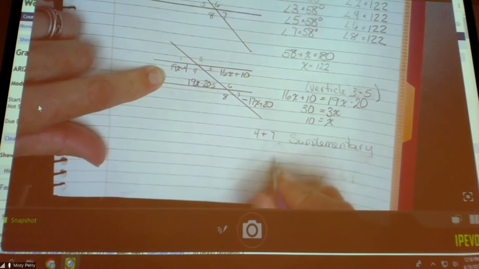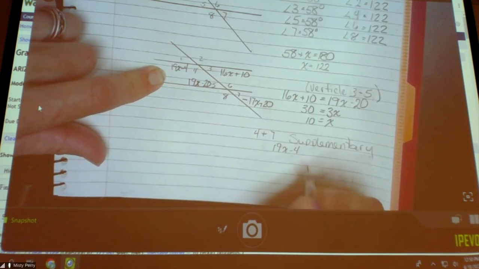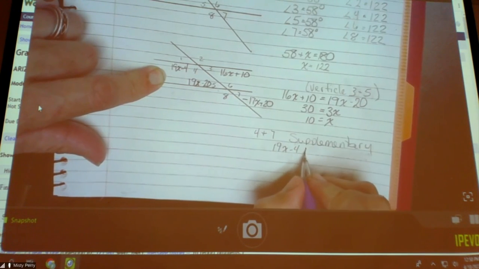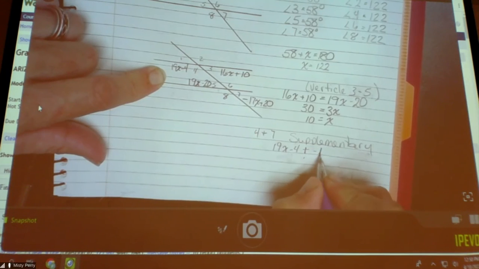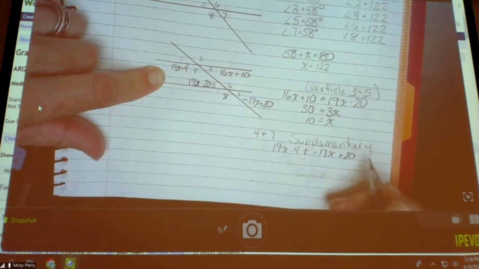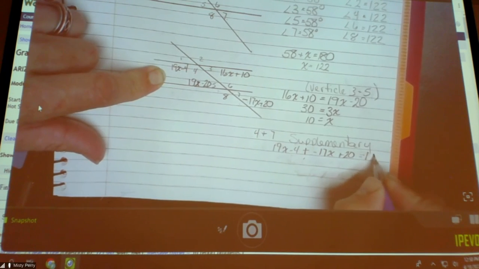So I'm going to have 19x minus 4 plus the minus 17x plus 20, and that is going to all equal 180.